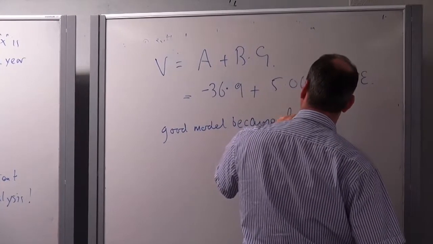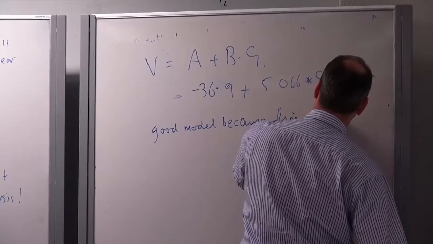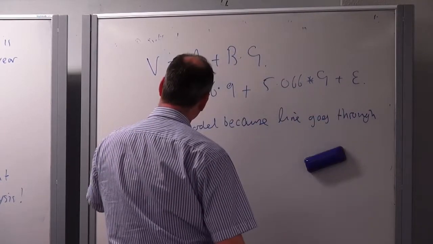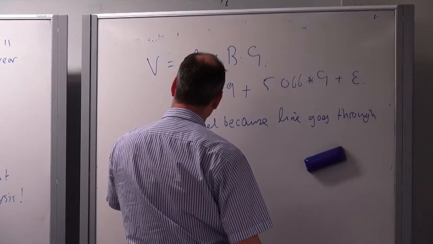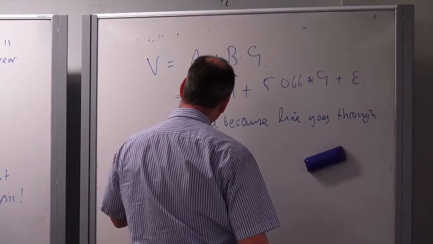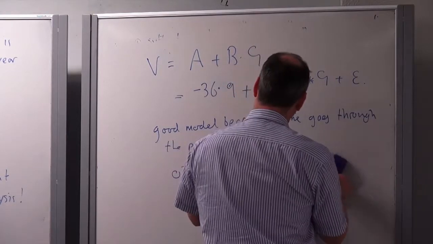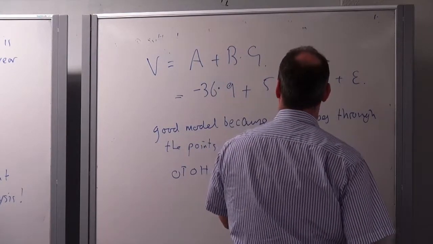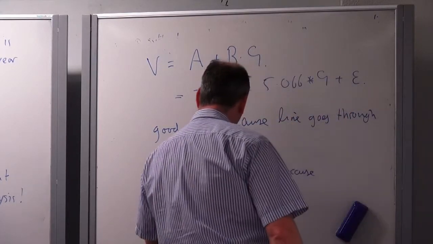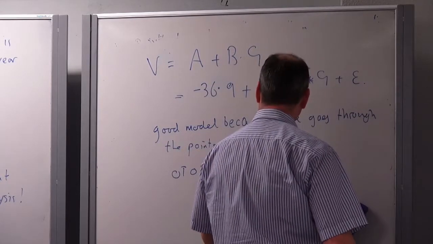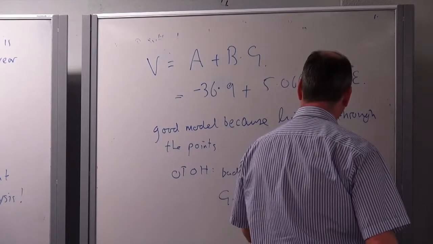because the line goes through the points. But on the other hand, it's a bad model because girth equals 0 implies that the volume equals minus 36.9.